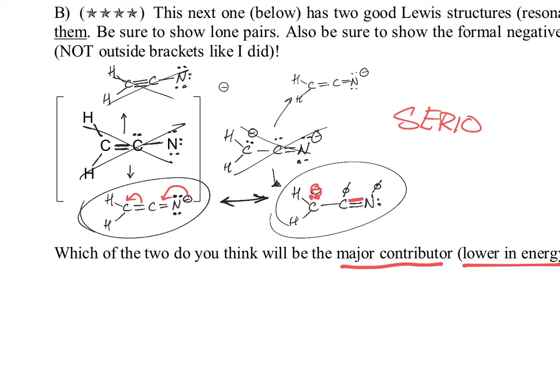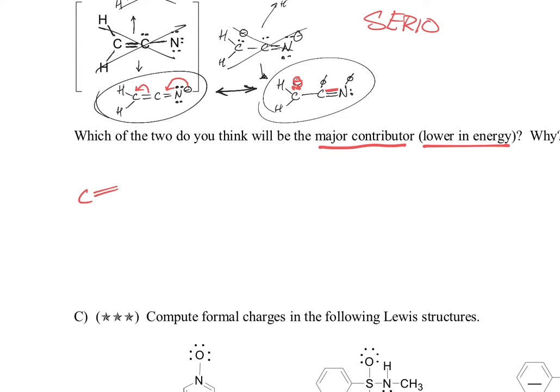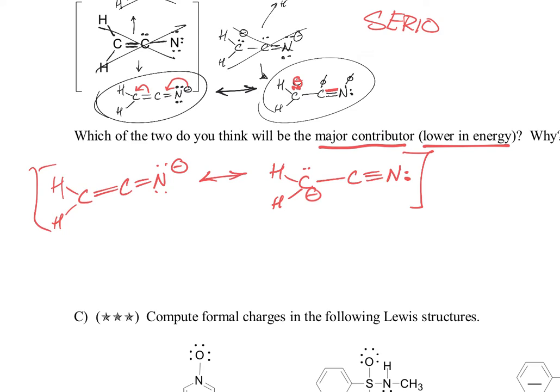Actually, let me draw them down here. All right, so we get those 2 resonance structures, which, if you want, you can put all in brackets with a negative charge outside. Now, which one is the major contributor?